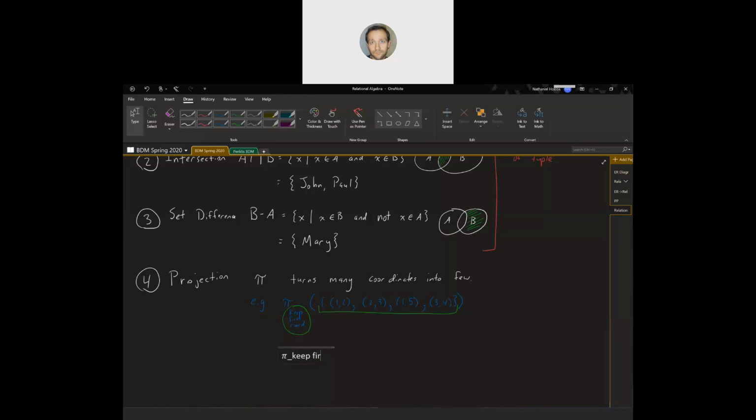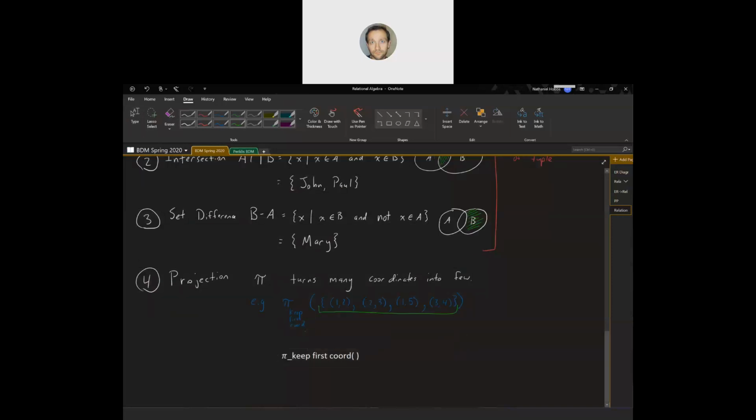Keep first coordinate. Using this little underscore, that just means a subscript. This is just in case you have a homework or something, and even then, if you don't know how to insert pi, you can just write pi. That's fine, or p, whatever. So long as I understand what you're saying, it's okay. But if you don't want to handwrite your answers, that's just a quick note.